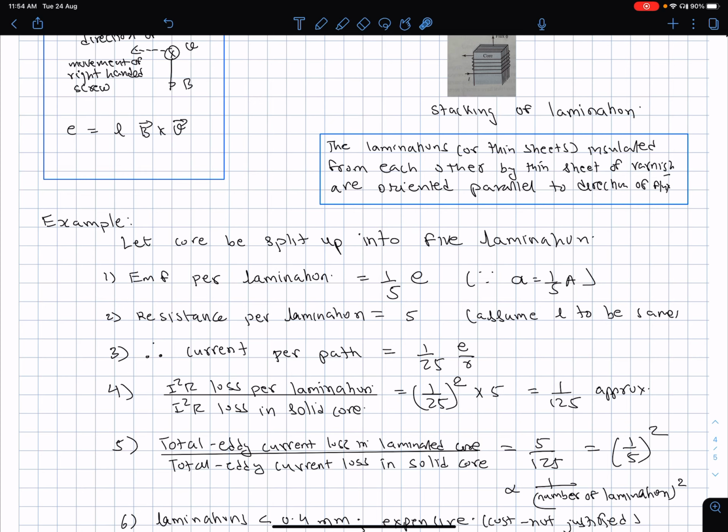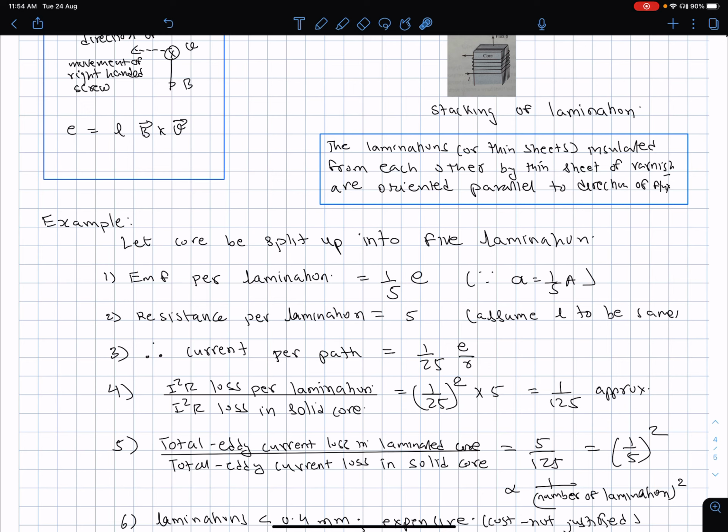So the flux enclosed is reduced by 1/5, and then the induced EMF, which is proportional to d phi by dt, will also reduce by 1/5. So in each of these laminations, only 1/5 of the voltage will be there.